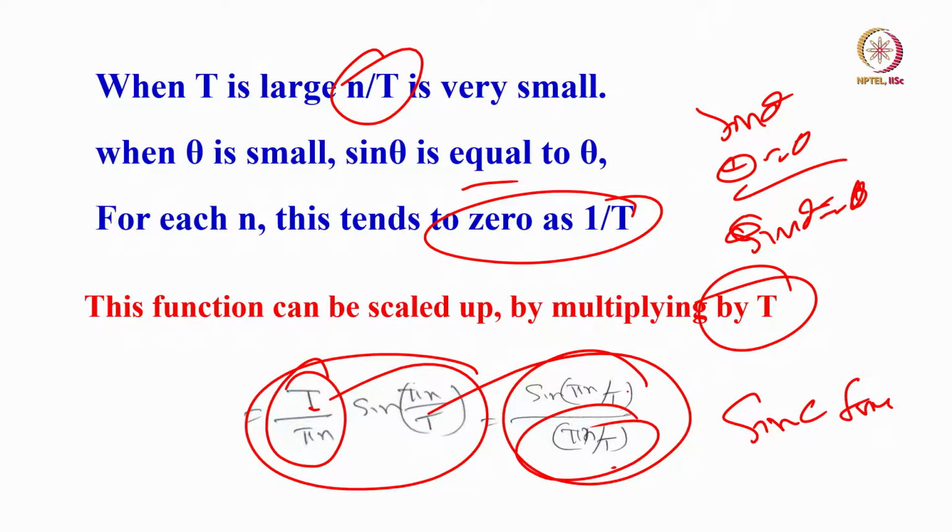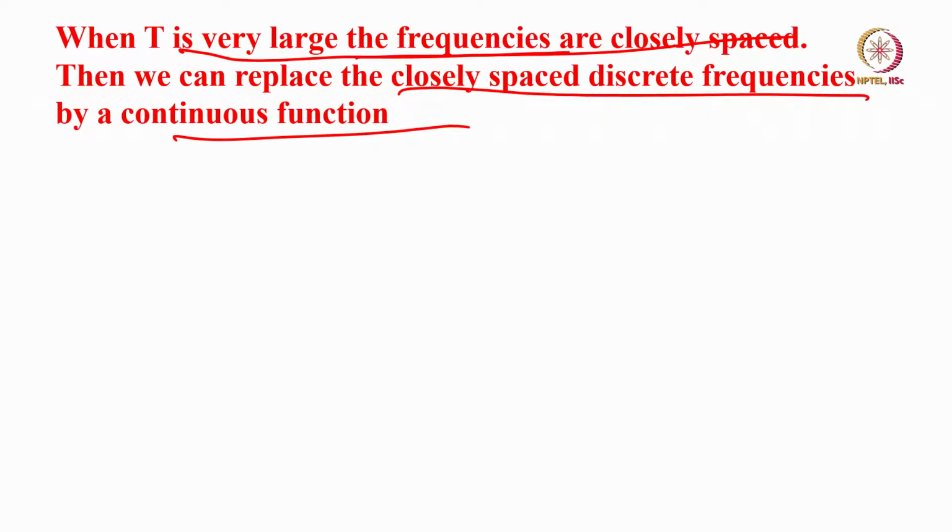That function, sin(πn/t) over πn/t, is called a sinc function. You understand from that, when t is very large, the frequencies are very closely spaced. That means we can replace this discrete frequency by a continuous function.